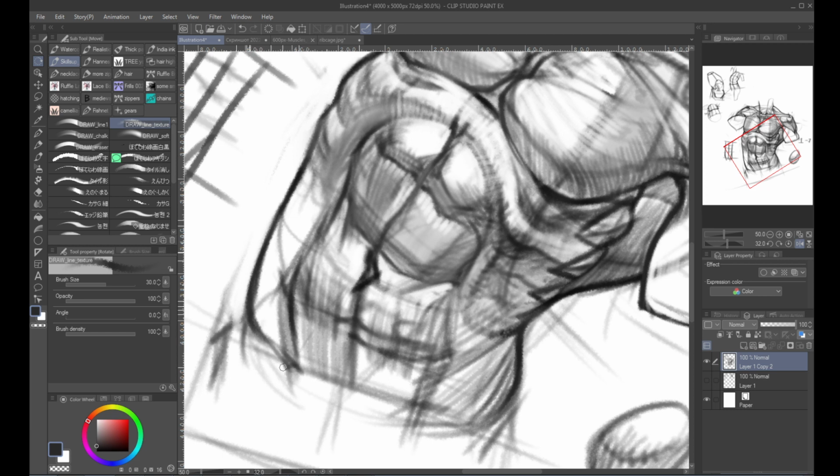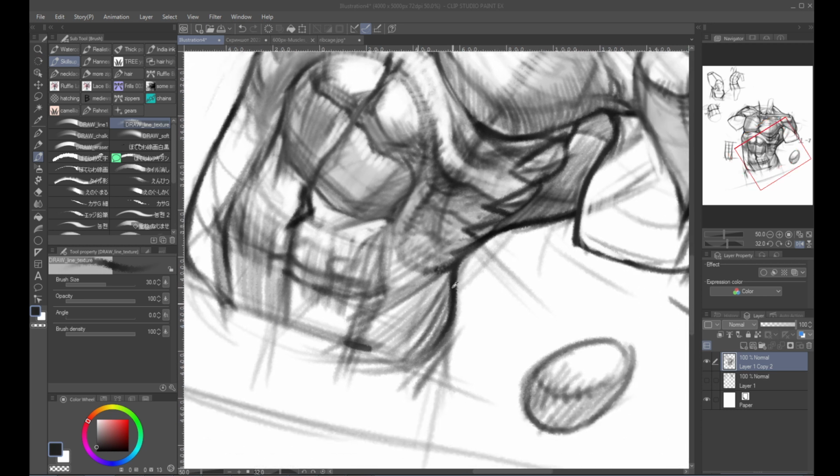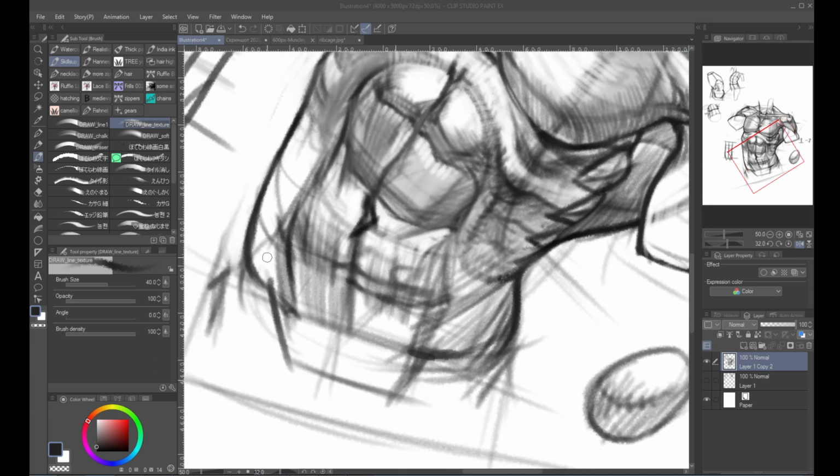Now let us draw the other shapes. So external oblique goes here, and of course this is where we have our pelvis peak a little bit.